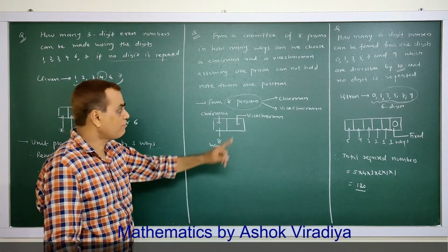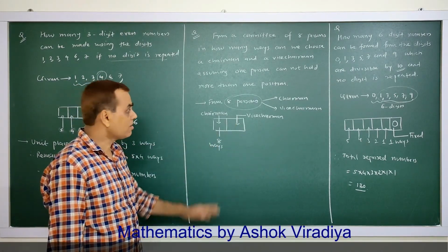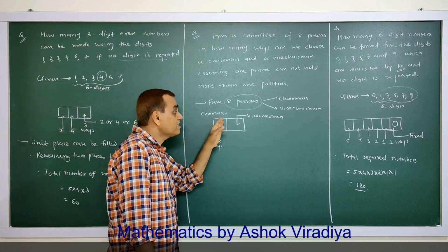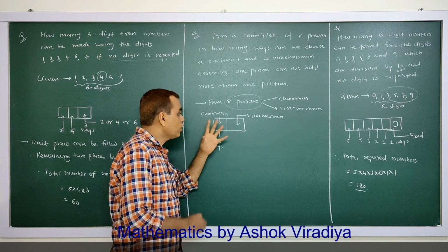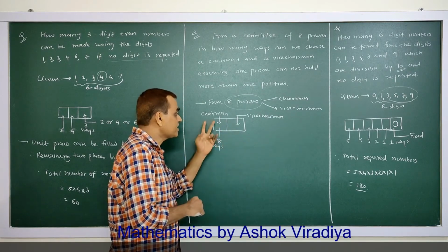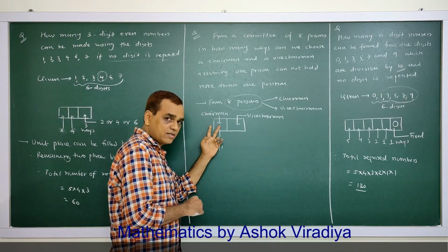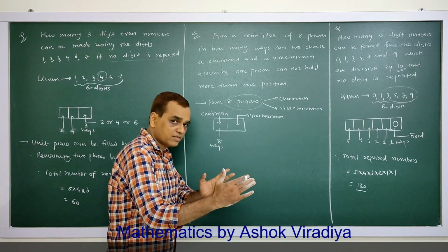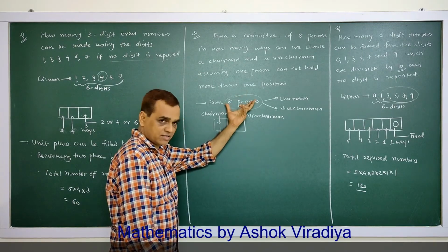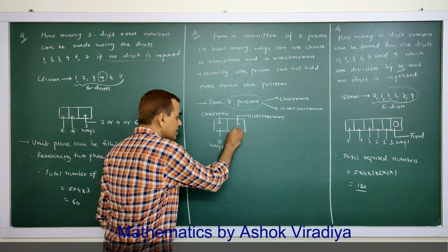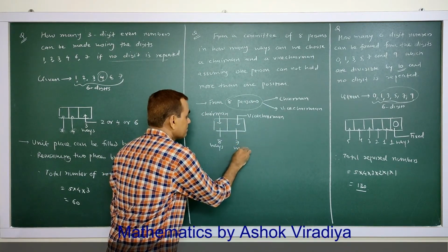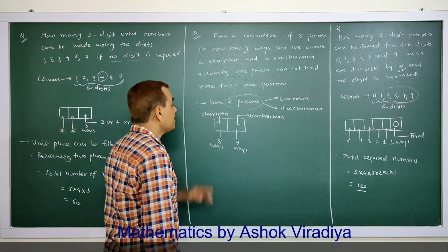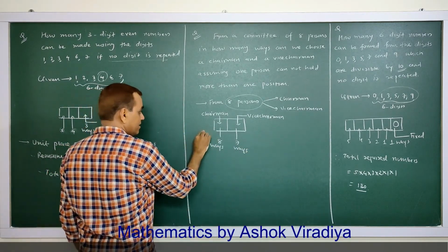And for the selection of the vice chairman, because the same person should not take another post, whoever is selected as chairman is left out. So 7 are left. So out of 7, this can be selected by 7 ways. So here we are doing the selection.